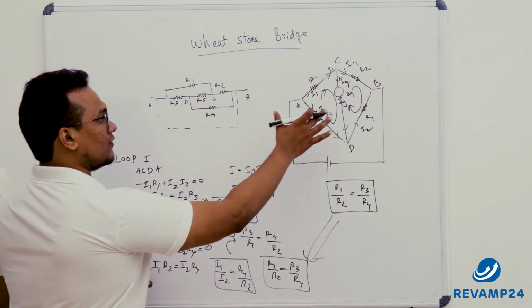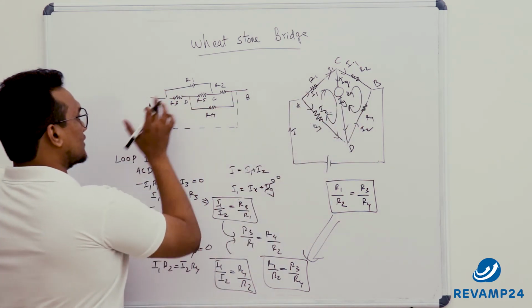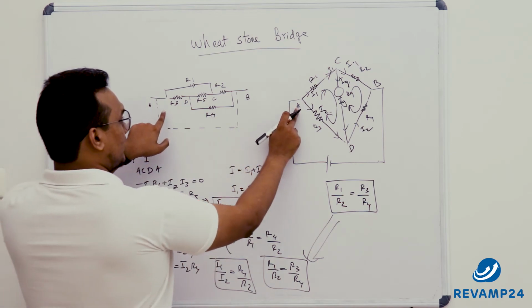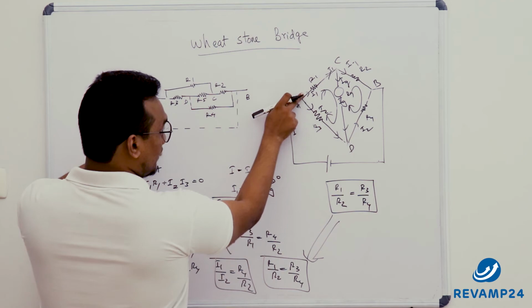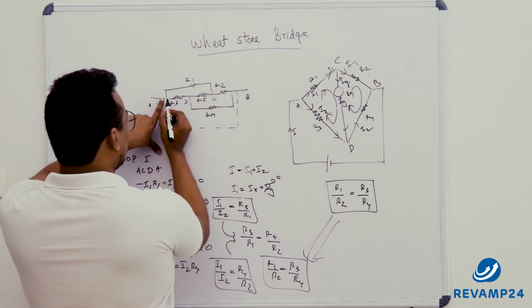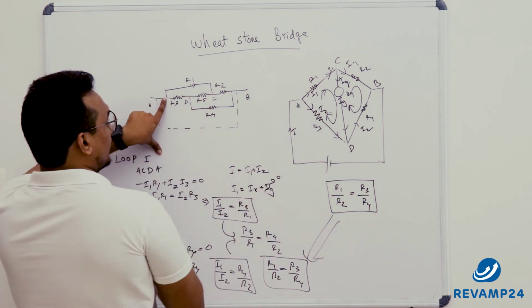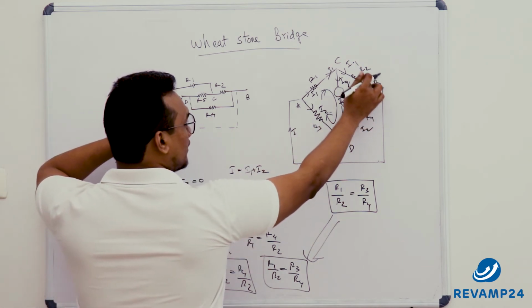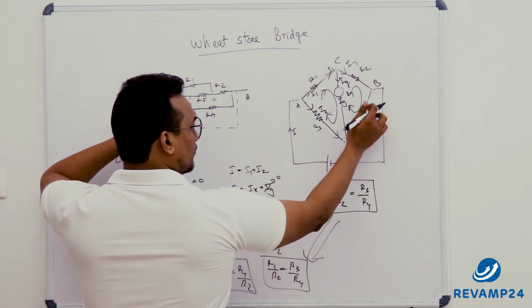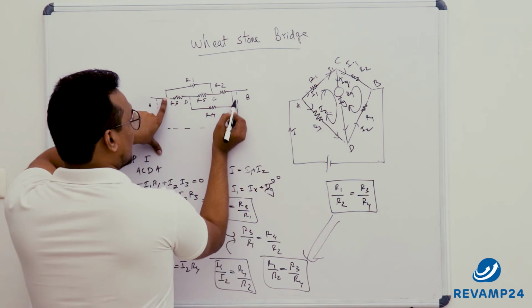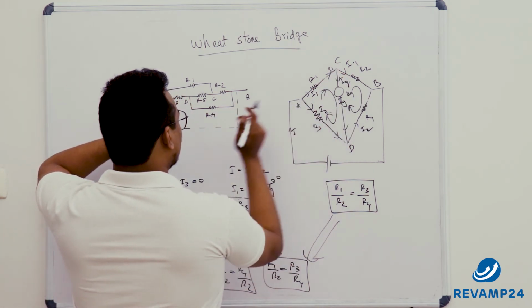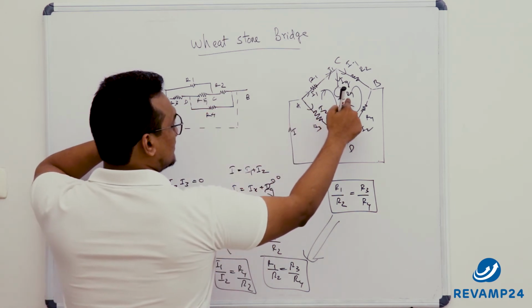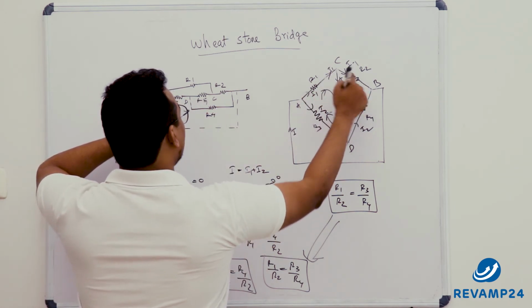Now, Wheatstone bridge can also be given in this way. Where, see, at A, one end of R1 and one end of R3 are connected. R1 and R3 are connected at point A. Now, at point B, one end of R2 and one end of R4 are connected. R2 and R4 are connected.